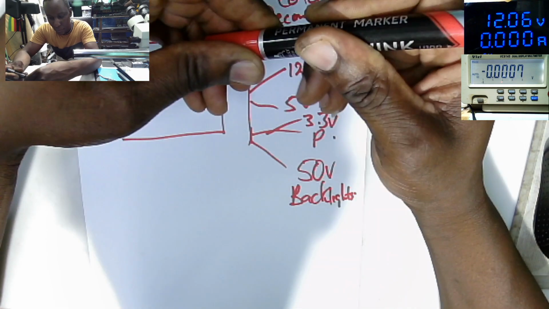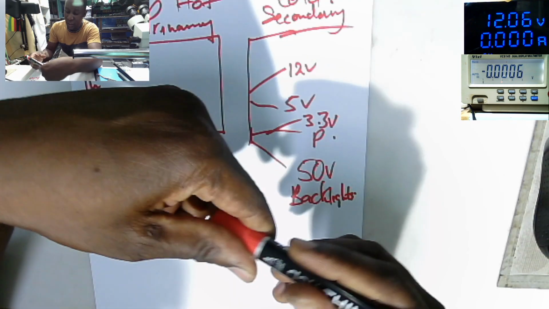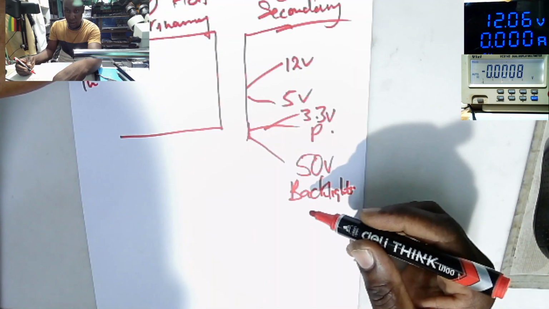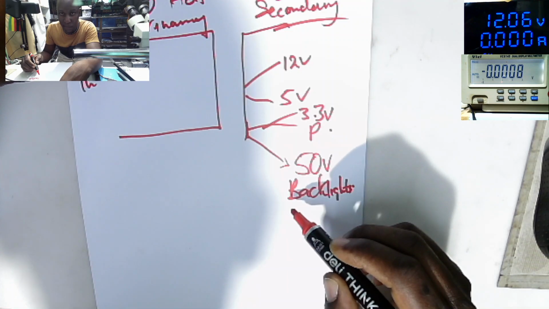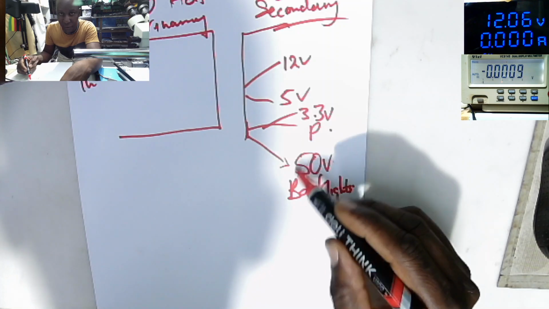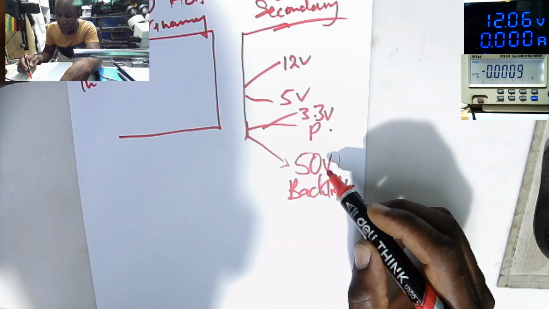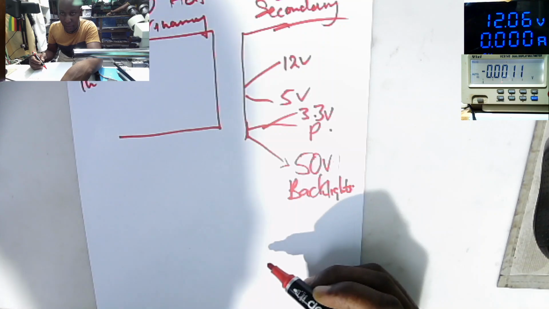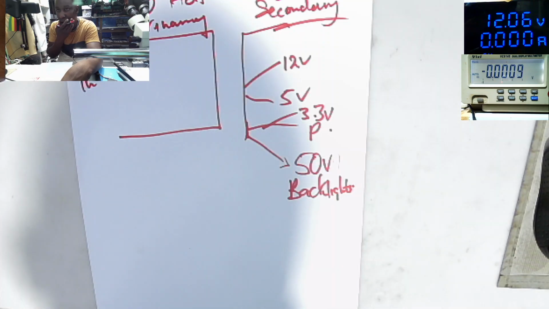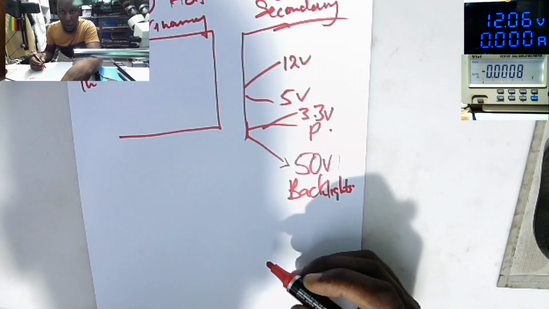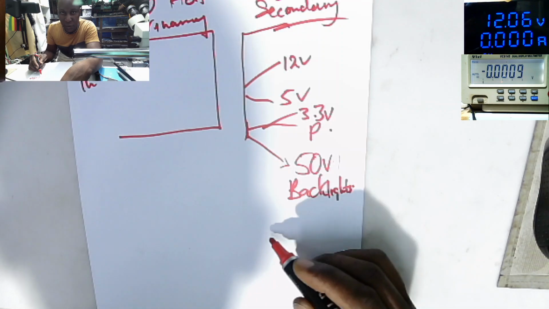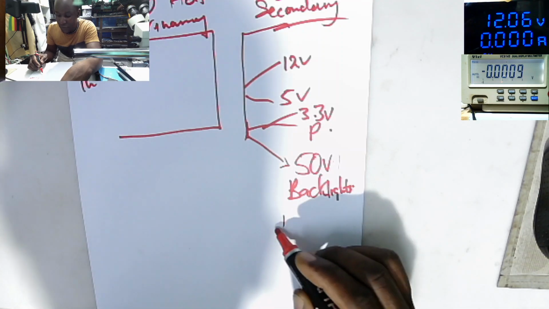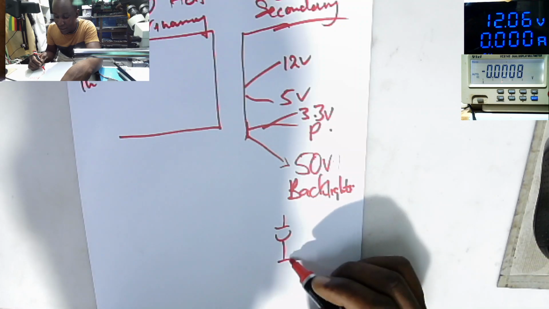In order to have 50 volts here on the output, it is coming from a switching power supply, and on the output of the power supply we have some electrolytic capacitors.